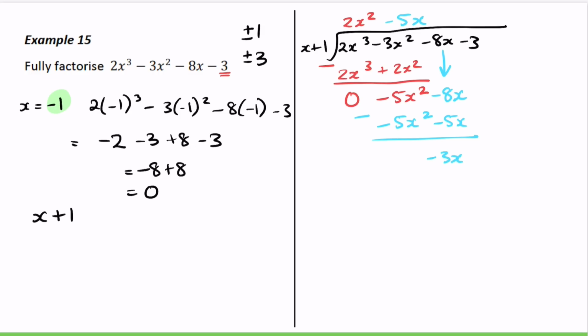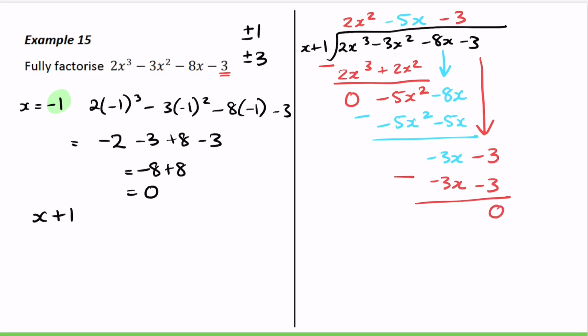And then what we're going to do is drop down the last term, so that'll be negative 3. X goes into negative 3x, negative 3 times. Negative 3 times x is negative 3x. Negative 3 times 1 is negative 3. Subtract all of that. Negative 3x minus minus 3x is 0, and negative 3 minus minus, so plus, negative 3 plus 3 is 0, as expected.